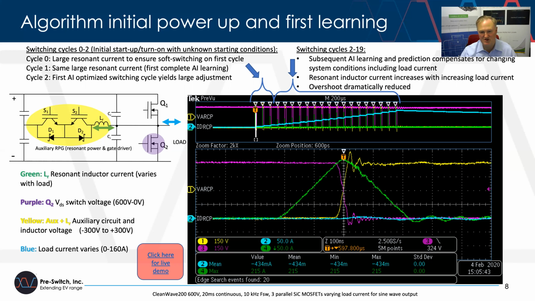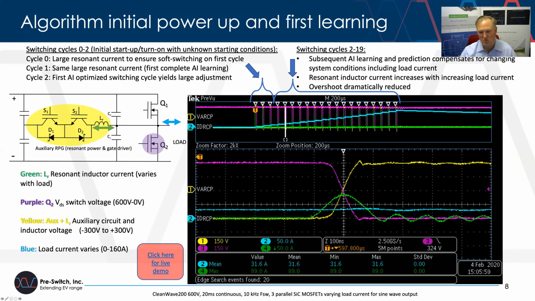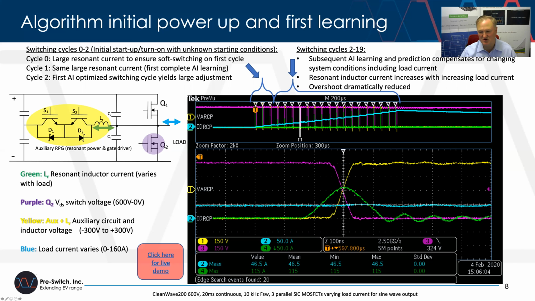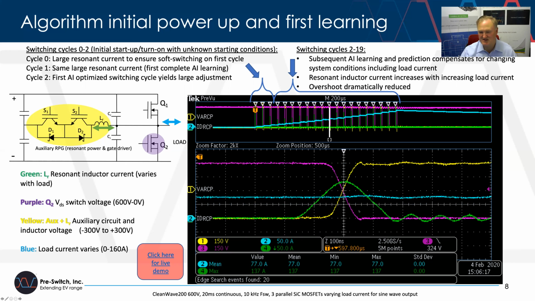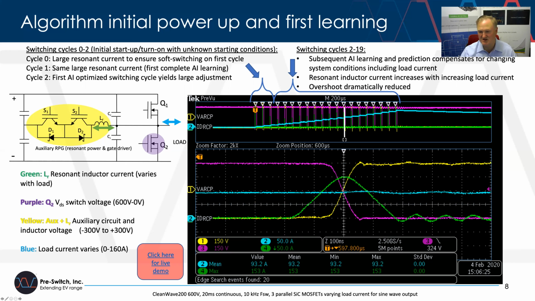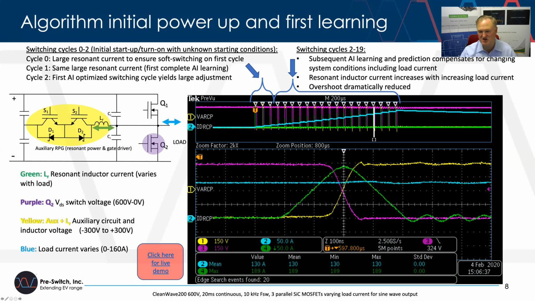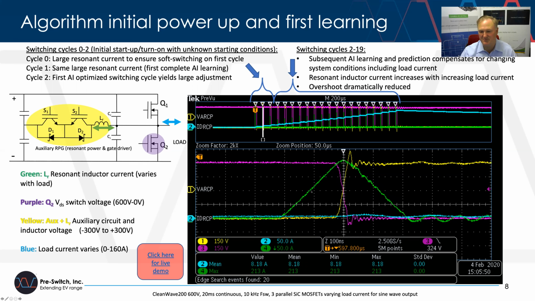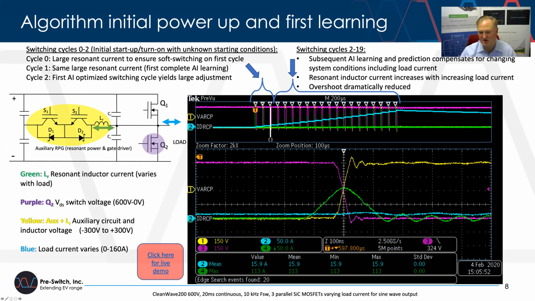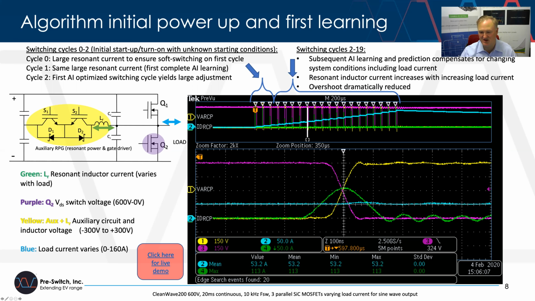What you'll see is that the current waveform going through the inductor is very large. Then, as the algorithm realizes where it is in the switching states, it makes adjustments so that the resonant current through the inductors is always slightly above the load current.